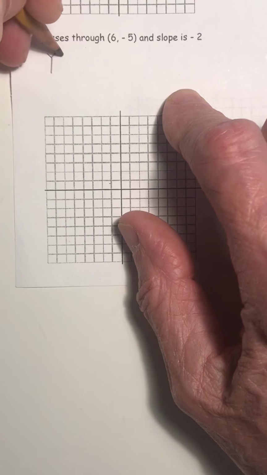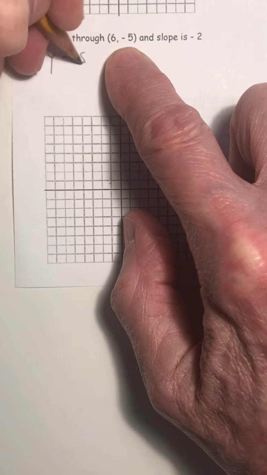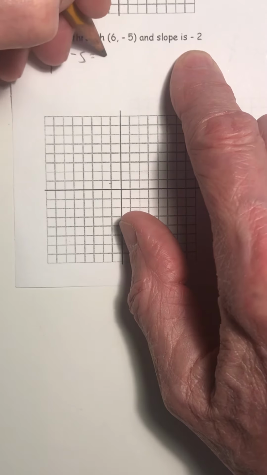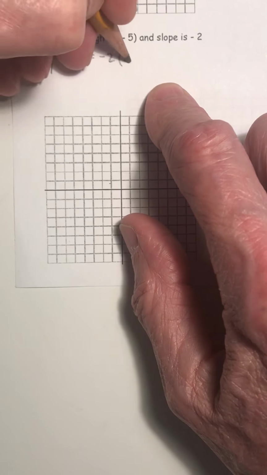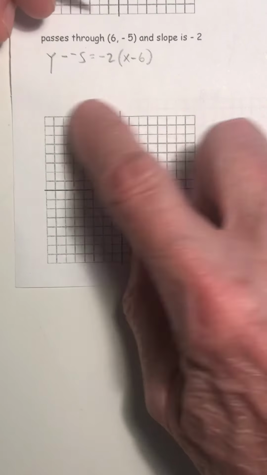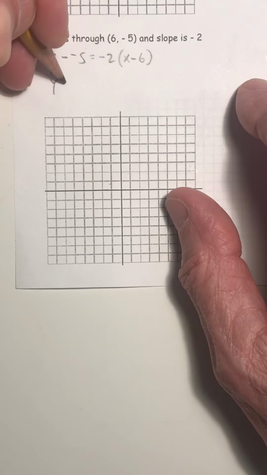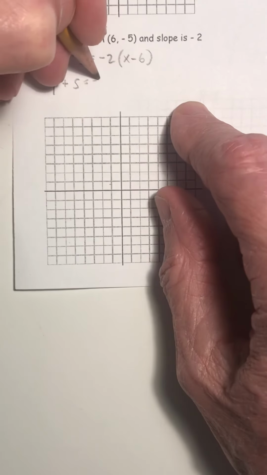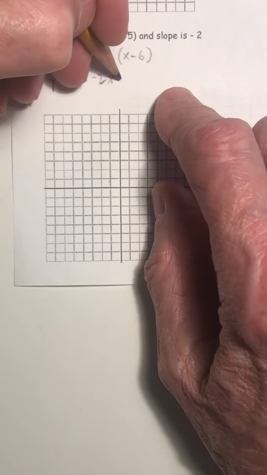So I'll write y minus the y value of the given point equals the slope, -2, times x minus the x value of the given point. And I think you know how this goes by now. Change this to +5. And this becomes -2x, and then minus -12, or just +12.